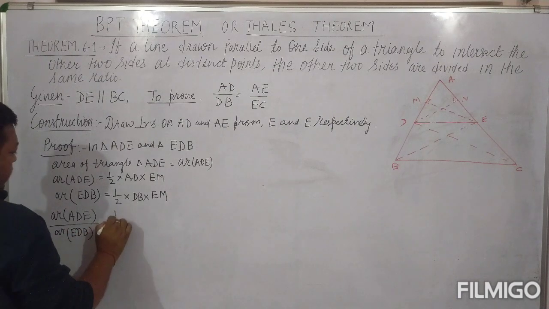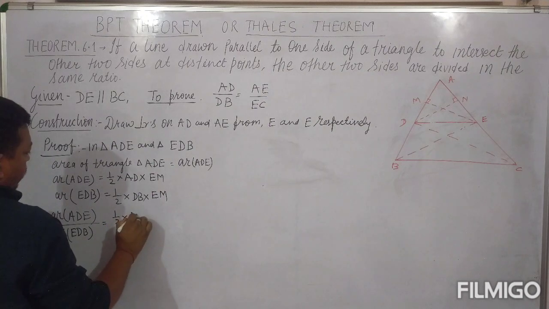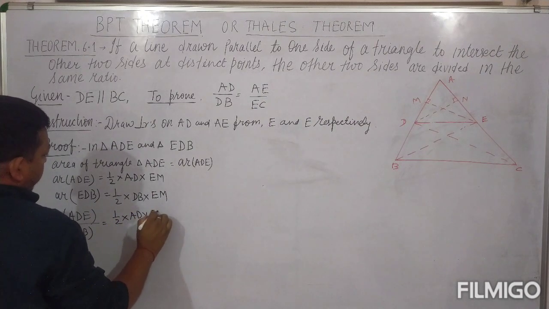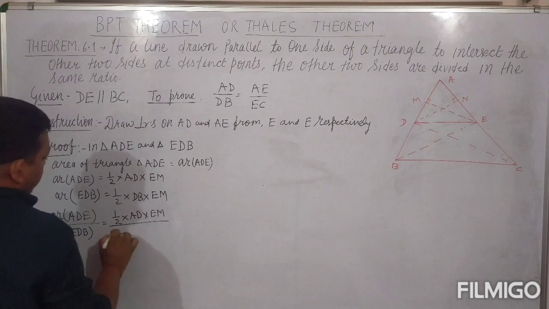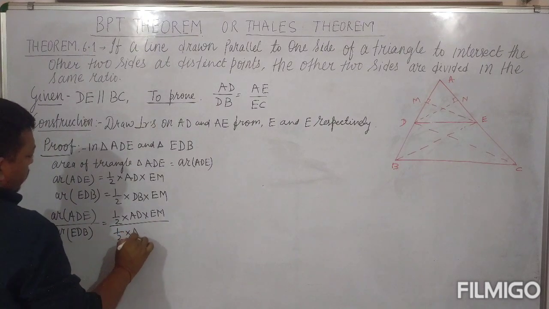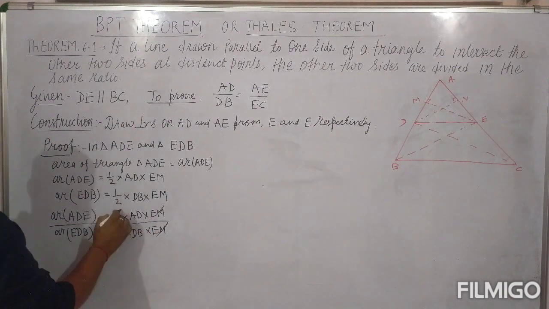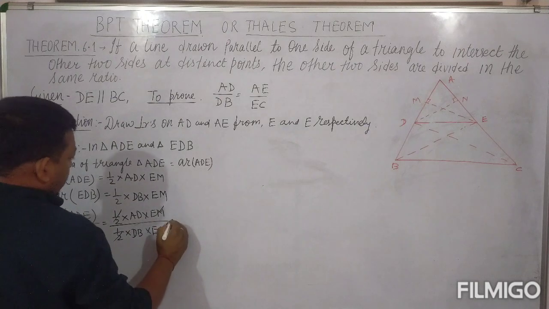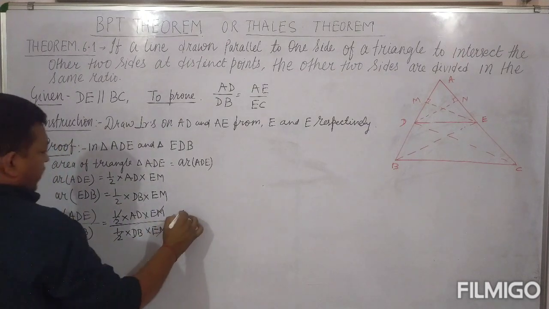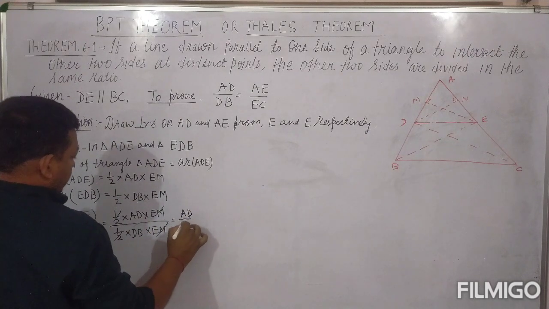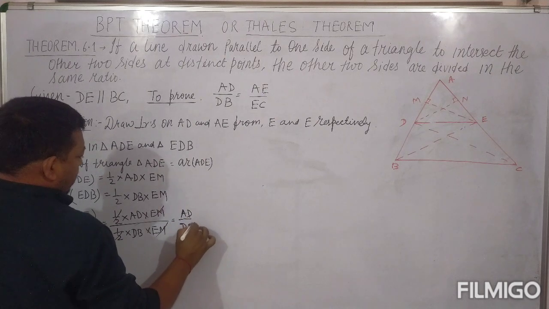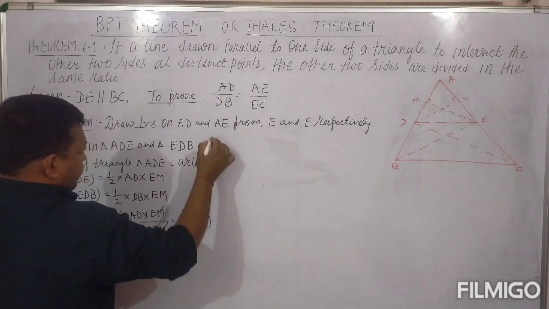This will become 1/2 into AD into EM by 1/2 into DB into EM. EM will cancel out, half cancels out. So the ratio of areas will be AD by DB. Let this be relation 1.